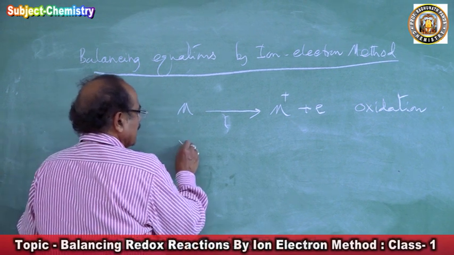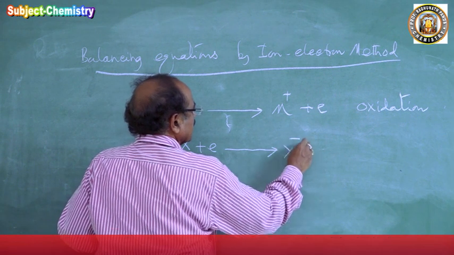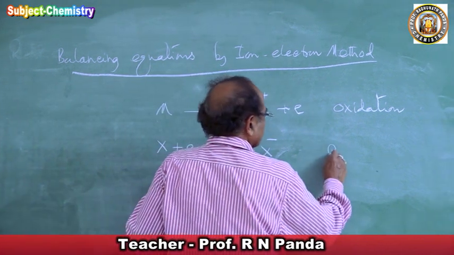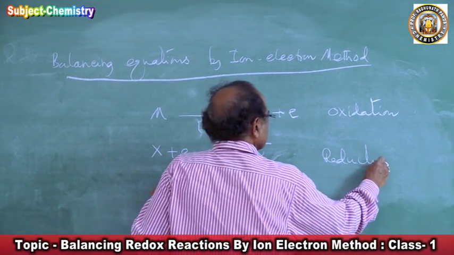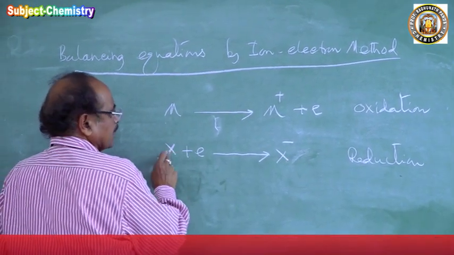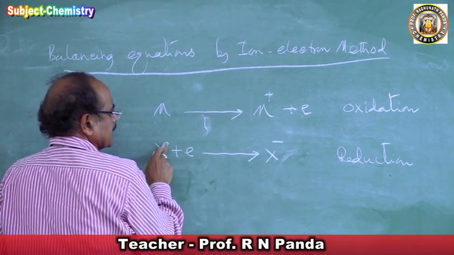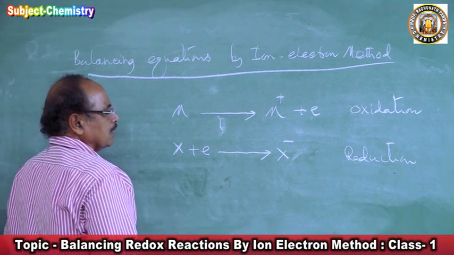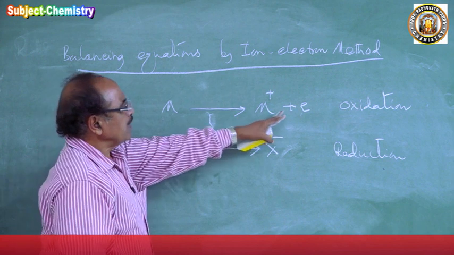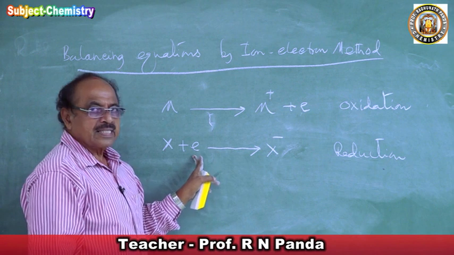Suppose you have X and we add an electron, and this forms X minus. So this reaction is reduction. Here it is balanced, as this side is negative and this side is negative. So during oxidation, an electron is lost. During reduction, an electron is added.